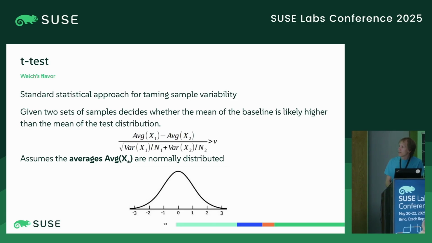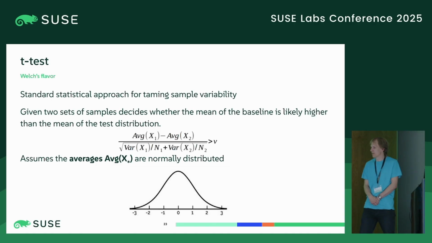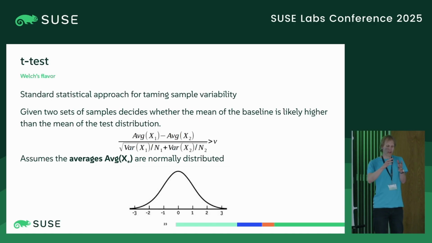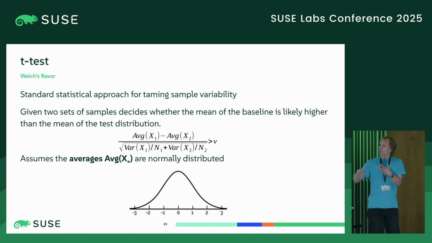The t-test has the assumption that the averages are normally distributed. It doesn't have to be that, let's say, the time to complete, as we measured with dbench, is normally distributed.